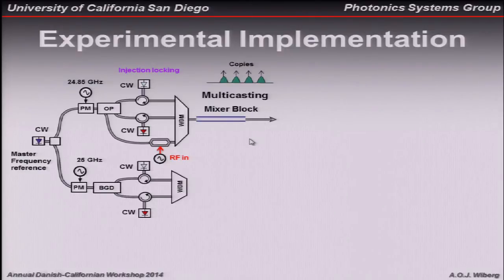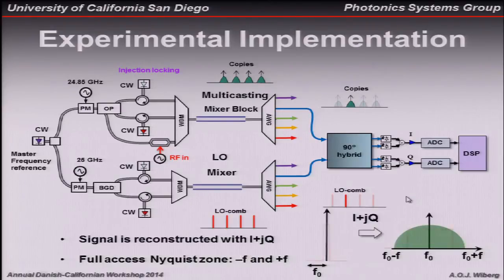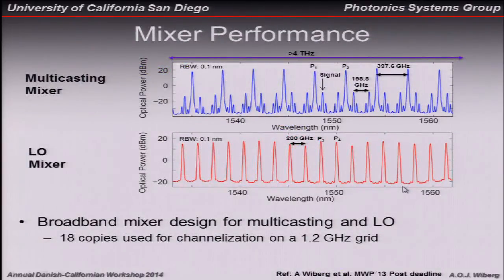The second comb is generated in the same way, but with a slightly different pitch, so we get this vernier effect. We can then use AWGs to split out the different copies and local oscillators, and use coherent detection to receive the signal.